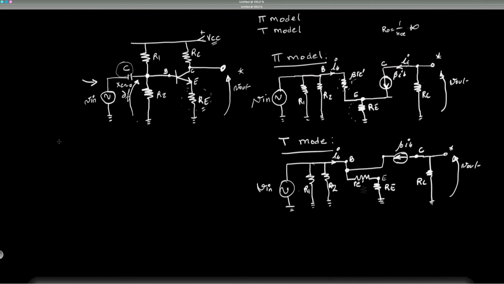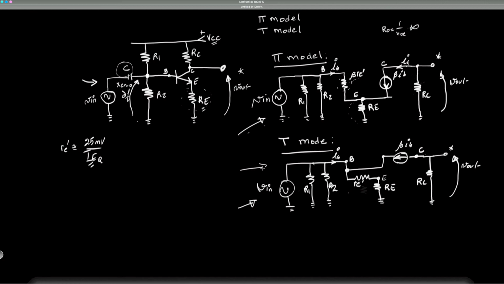Now, what is little RE prime? Little RE prime, after we do a DC analysis, is approximately equal to 25 millivolts divided by IEQ, which means the quiescent point IE. Now, what's the advantage of using this model versus this model? This model actually makes it really easy to figure out AV, even this one, but much easier with this one.